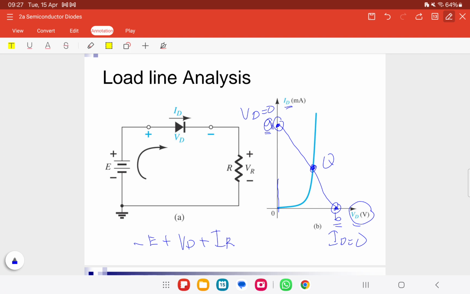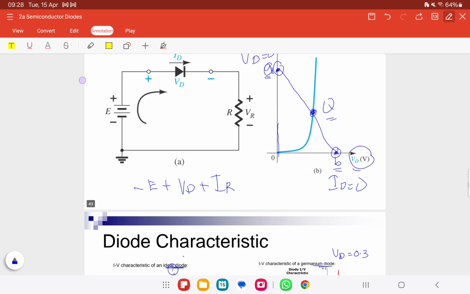We want to know its characteristic, the optimal point or maximum point where the component operates best. The Q point is the one that we can determine. To get the Q point, we must get the load line first. The straight line is the load line.